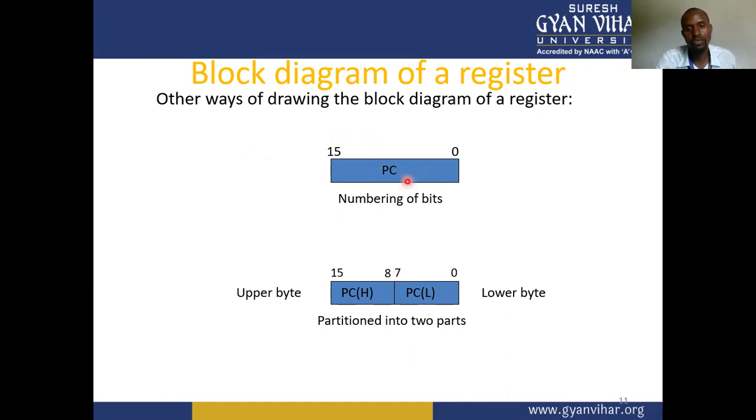In this program counter, we can divide it into two components, the lower byte and the higher byte. The lower byte is from 0 to 7, and the upper byte is from 8 to 15. You can see the labeling of these individual bits is still from right to left.